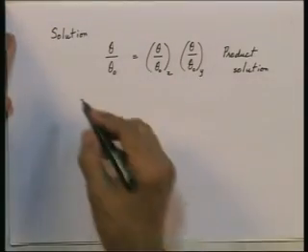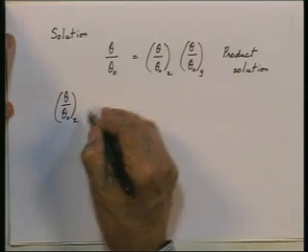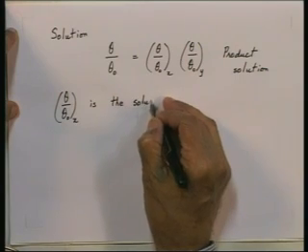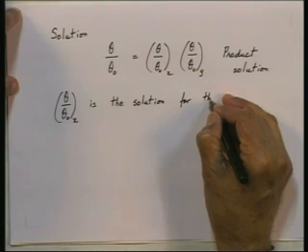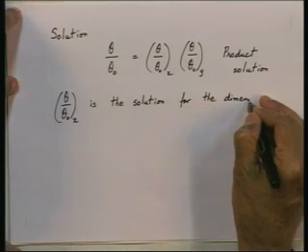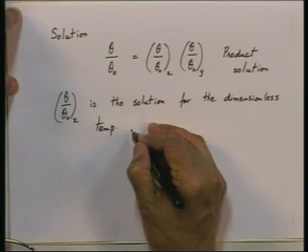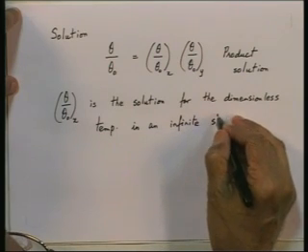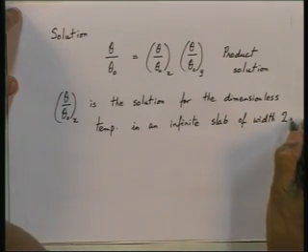And the quantity theta by theta naught x, with the subscript x, is the solution for the dimensionless temperature in an infinite slab of width 2a.